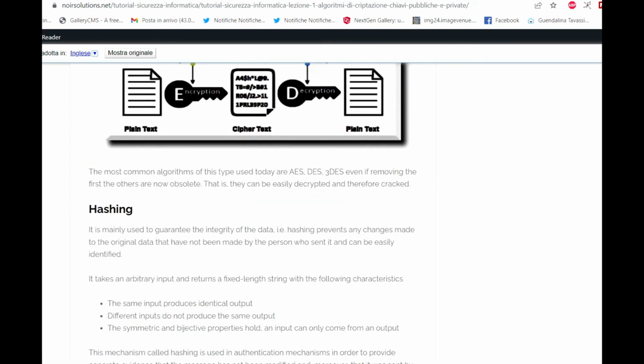The most common algorithms of this type used today are AES, DES, and 3DES, even if, except for the first, they are now obsolete. That is, they can be easily decrypted.